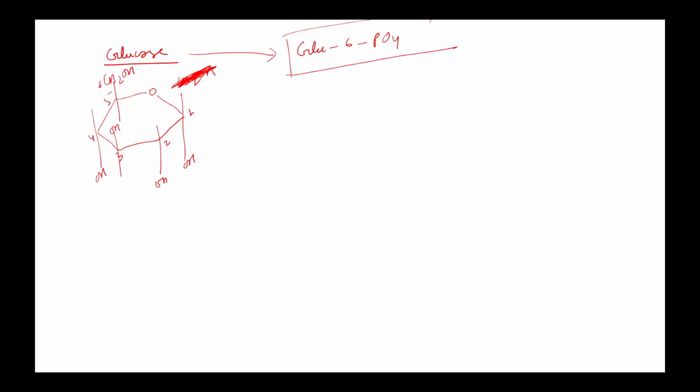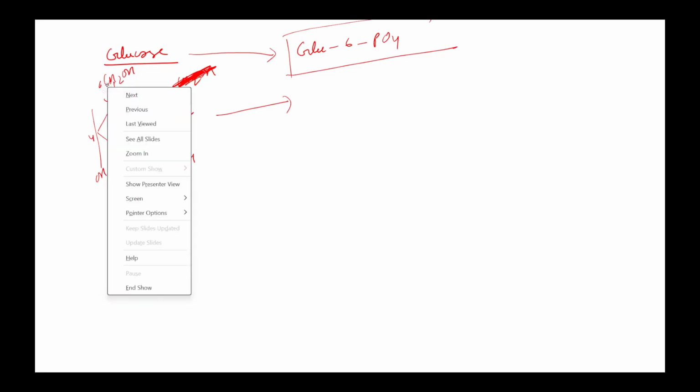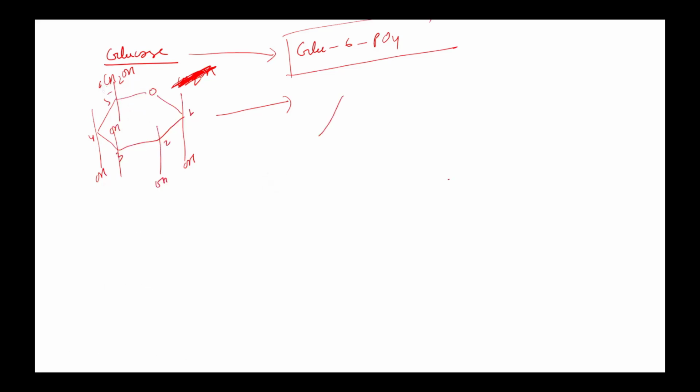This is glucose. It is being phosphorylated at the sixth position, which is the sixth carbon. Now this sixth carbon is phosphorylated.